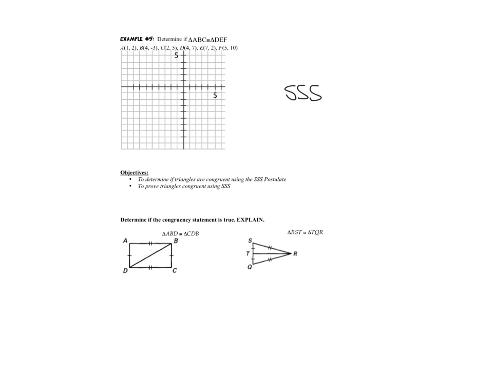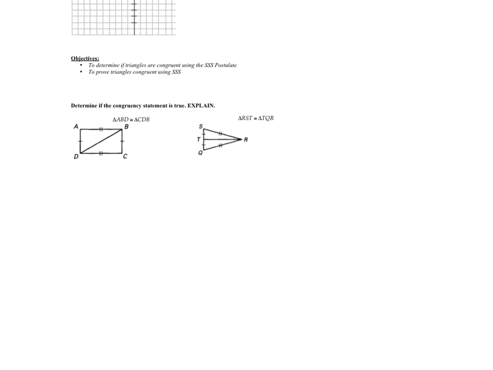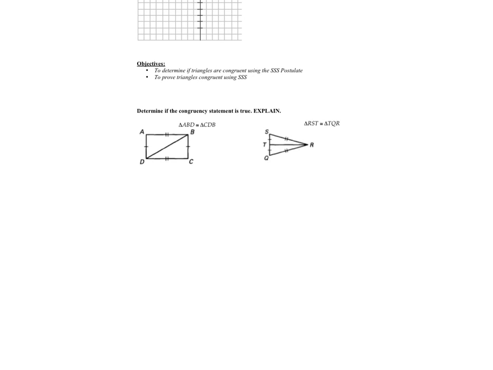All right. Last thing here, we're going to determine if the congruency statement is true. So the first thing they told me is that triangle ABD is congruent to CDB. By reflexive property, I know that this side is congruent to itself, so they share a side. Those triangles are flat up next to each other. So the 3 sides are congruent.